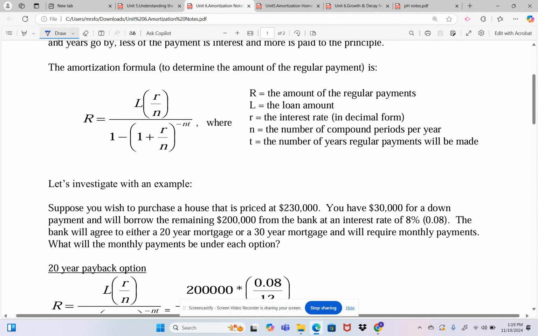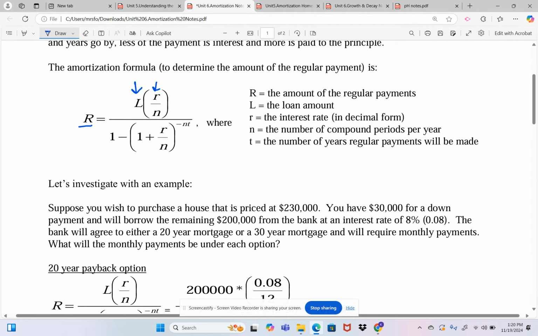Okay, so we have R is the amount of your payments. L is the amount of the loan. The little r is the interest rate. That's nothing new. N is the number of compound periods. T is the number of years for the loan.